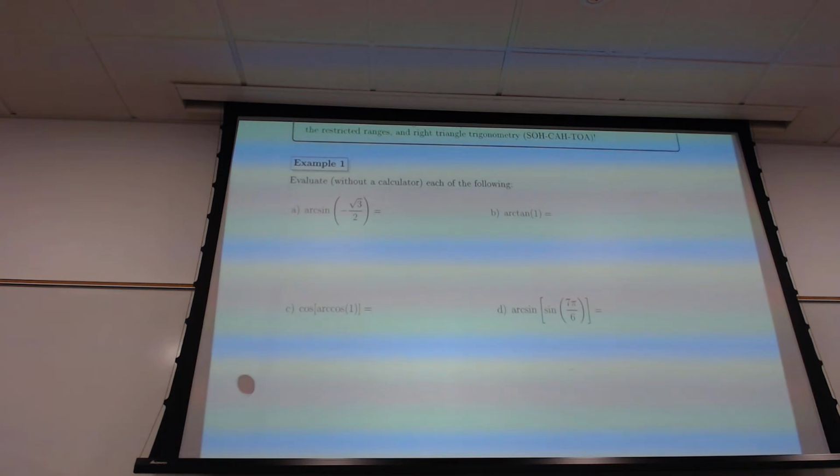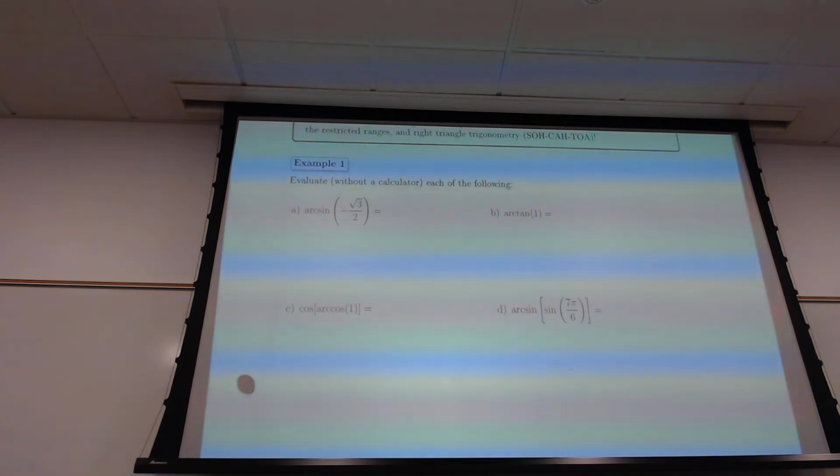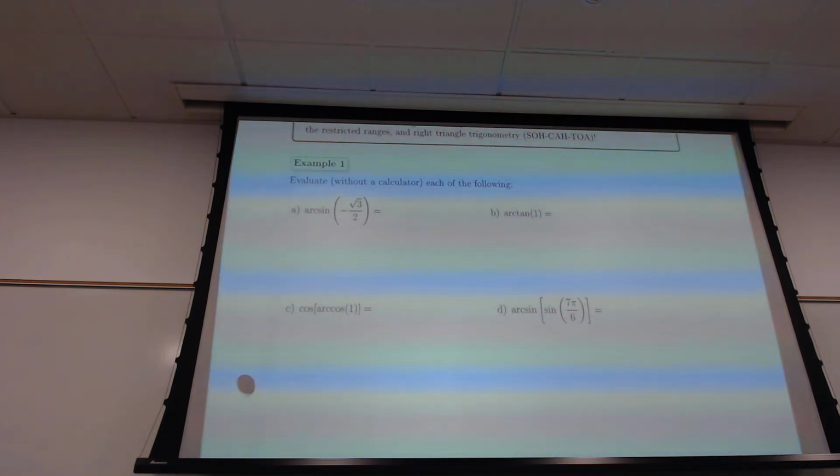So without using a calculator, what's arcsine of negative root 3 over 2? Again, in this case, you can use the unit circle or you can use the triangles. You need to be very, very careful with the domains of these inverse trigonometric functions because they don't work for all real numbers the way the original trigonometric functions do.